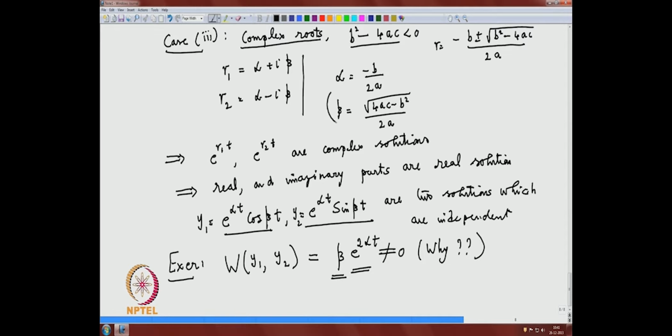Beta equal to 0 is the case where you have real roots. So, that proves immediately they are independent. This completely gives you the analysis of equations with constant coefficients.